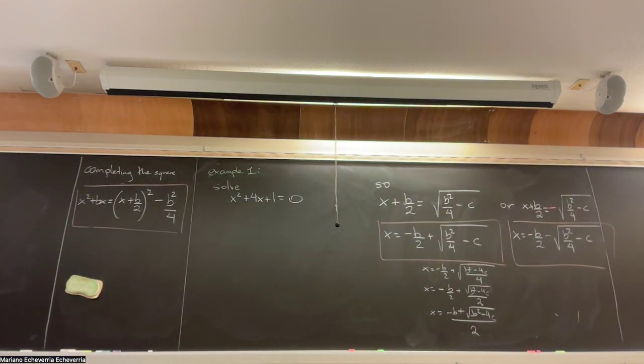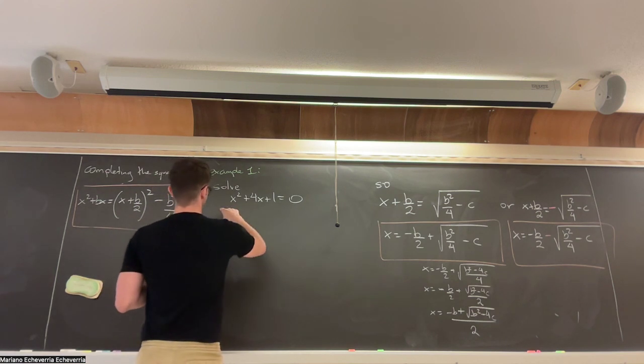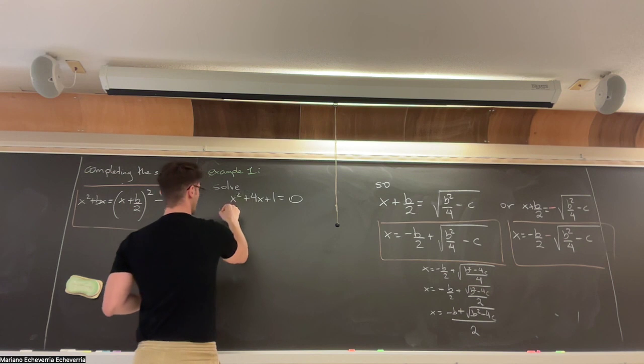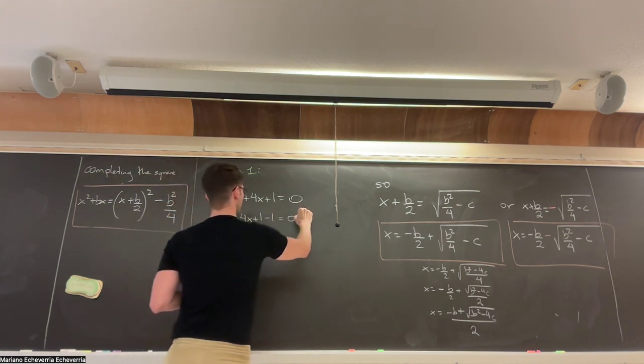Okay, so if I wanted to do it by completing the square, I would isolate the stuff with x on the left hand side of the equation, which means I don't want to keep this 1 here. So I will do x squared plus 4x plus 1 minus 1 equals -3 minus 1.